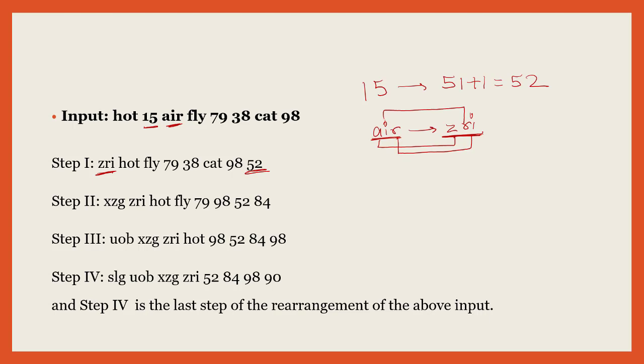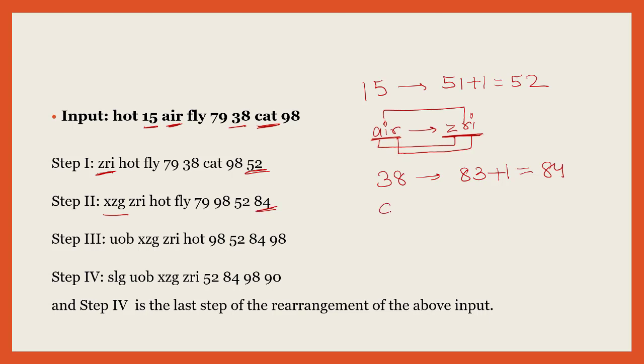In this step 2, we see XZG coming in and 84 coming in, and from the input string cat has been missing and 38 has been missing. 38 when written in the reverse order becomes 83, plus 1 gives me 84, and that has been placed at the right hand side.